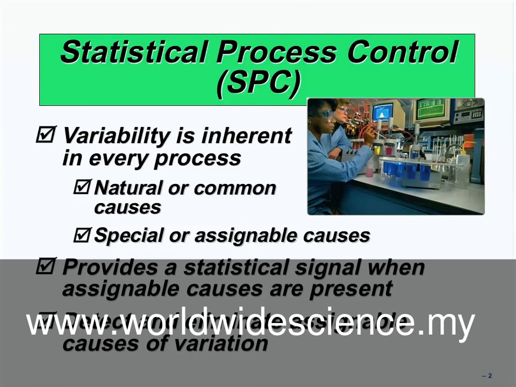Can anybody remember? What's the meaning of the process being under control or not under control? If anybody wants to discuss, please let me know and I will pass the microphone to him or her.